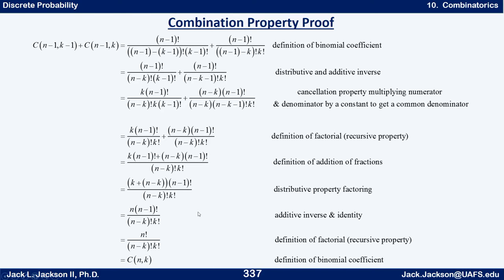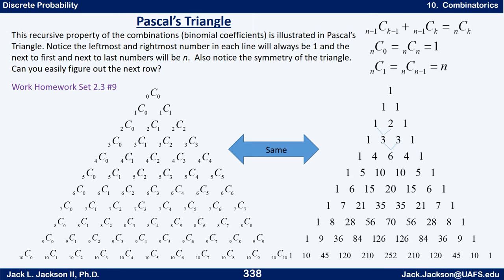Now I want to show you this in Pascal's triangle. We also have a couple of special cases that we looked at in our last video. N choose 0 or n choose n, either one is just 1. N choose 1 or n choose n minus 1 is always just n. And then there's our recursive relationship.